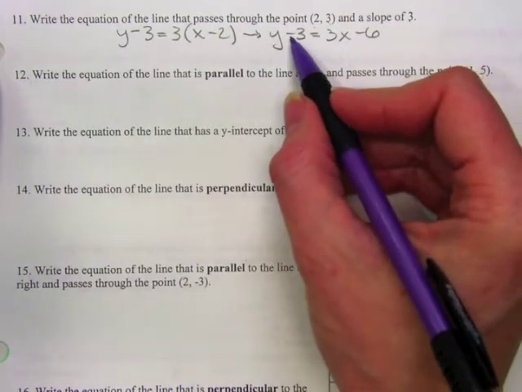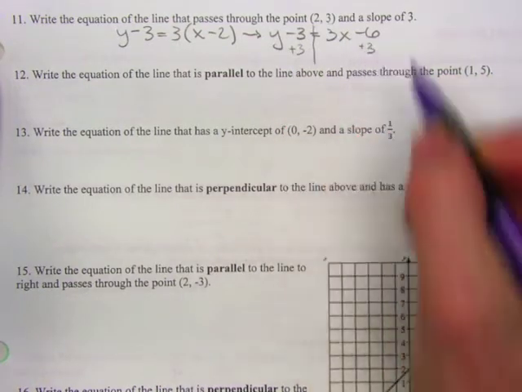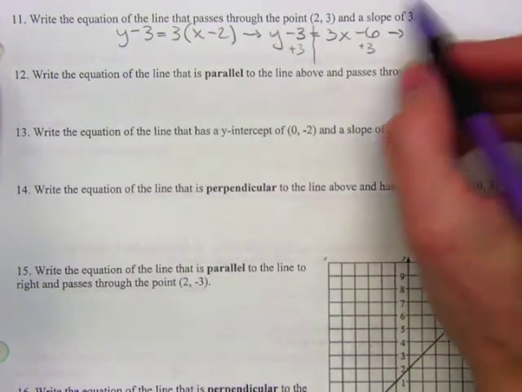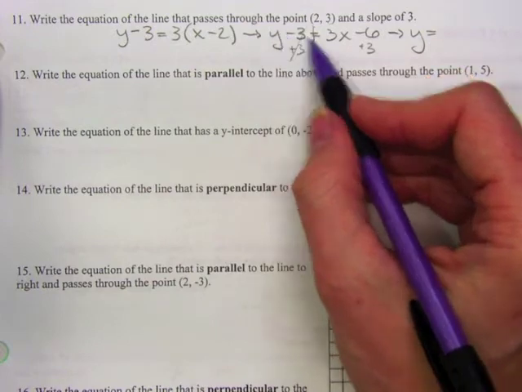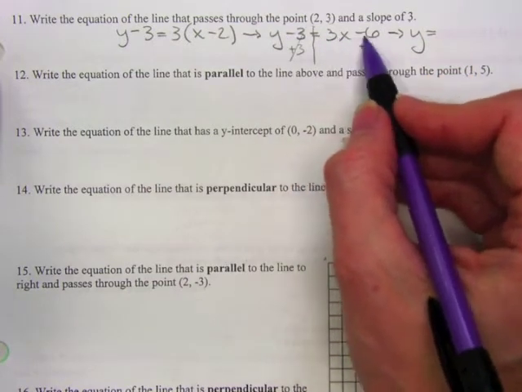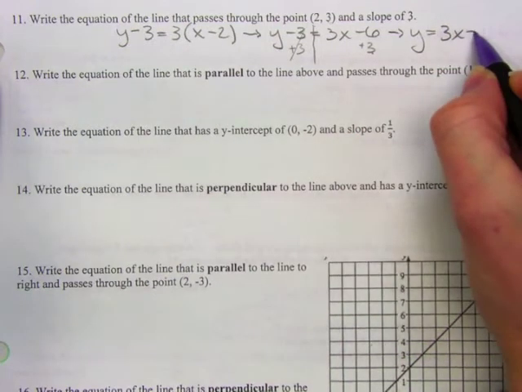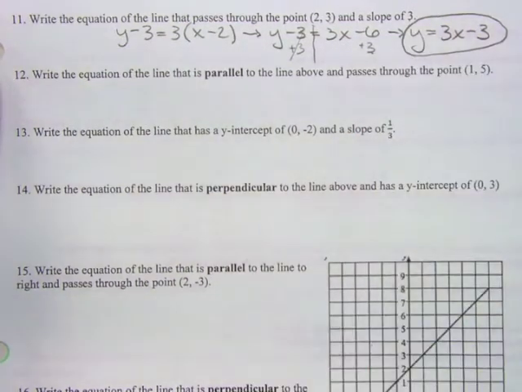We need to have y alone, so we're going to add 3 to get it alone. When I add that 3 to the left side, y is alone. On the right side, I have 3x, and then minus 6 plus 3 gives me minus 3. And here's my equation of the line that goes through the point (2, 3) and has a slope of 3.